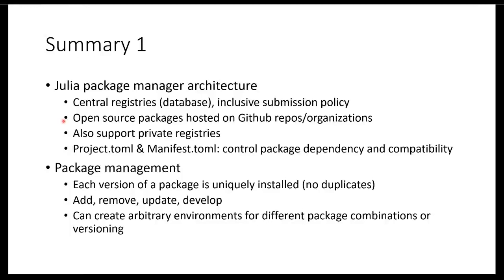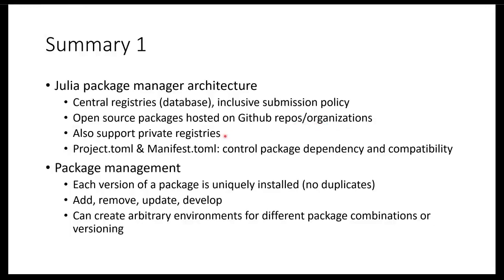Normally, a Julia package is hosted on GitHub as an open source package. The repository can be a standalone repository under your GitHub account, or it can be under some GitHub organizations. An organization is something about one particular application domain, of which we have given some examples.